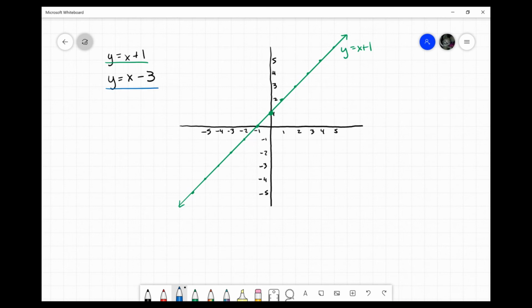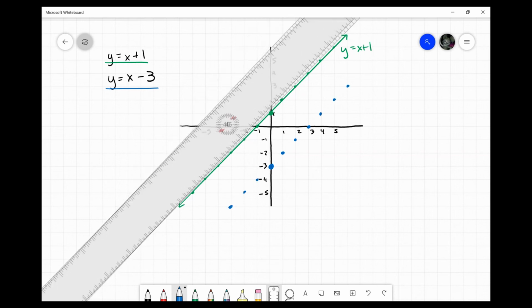Then going on to graph y is equal to x minus 3, starting with the y-intercept. I'm going to plot a point at negative 3. Then I have a slope of 1 because it just says it's 1x. So I will go up 1 and over 1. Since it's a positive, we know that we should be rising as we go from left to right.